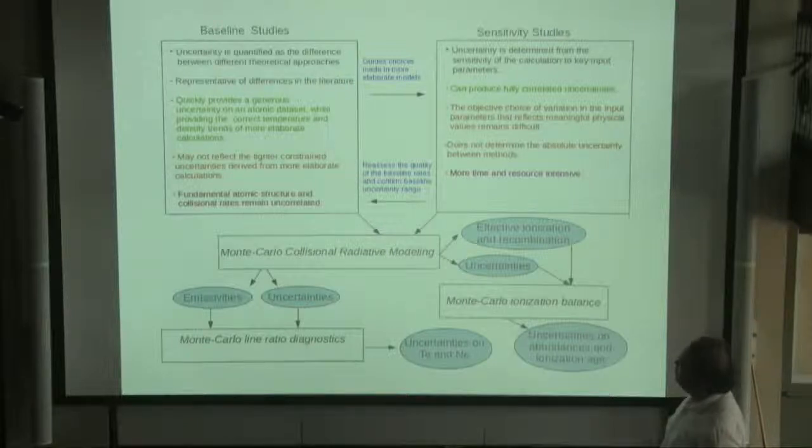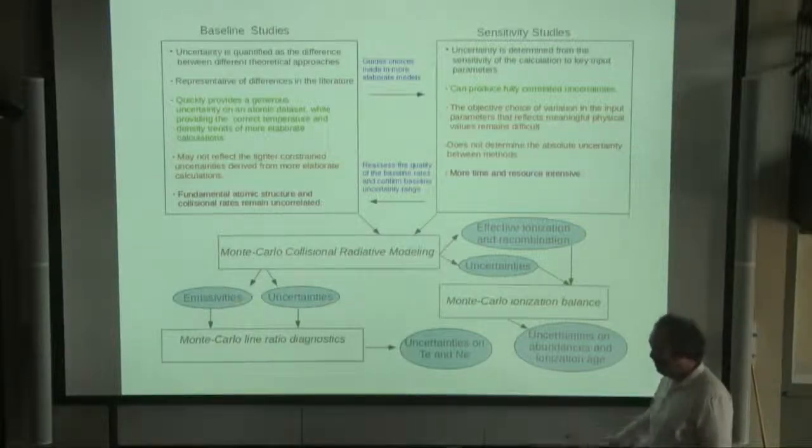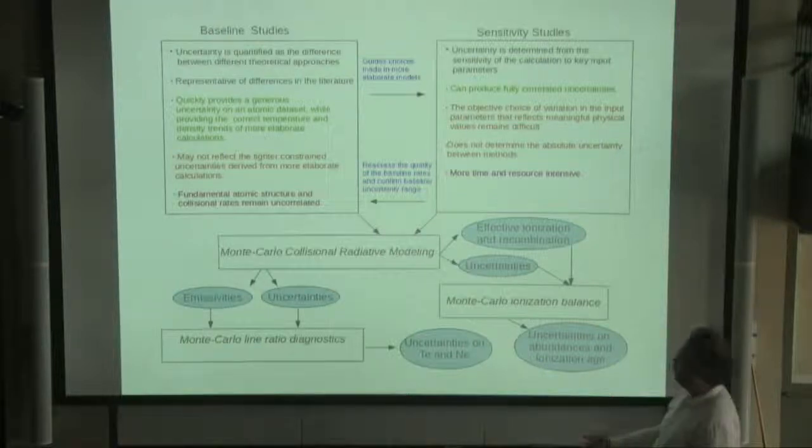And this is good because, again, you don't come with a preconceived idea of a particular error. You just take the difference you get between the values that are in the literature right now. The benefit of it is it quickly provides a generous uncertainty on an atomic data set. Do we need a more refined calculation for the future? If these simple models work, don't do the more refined calculation.